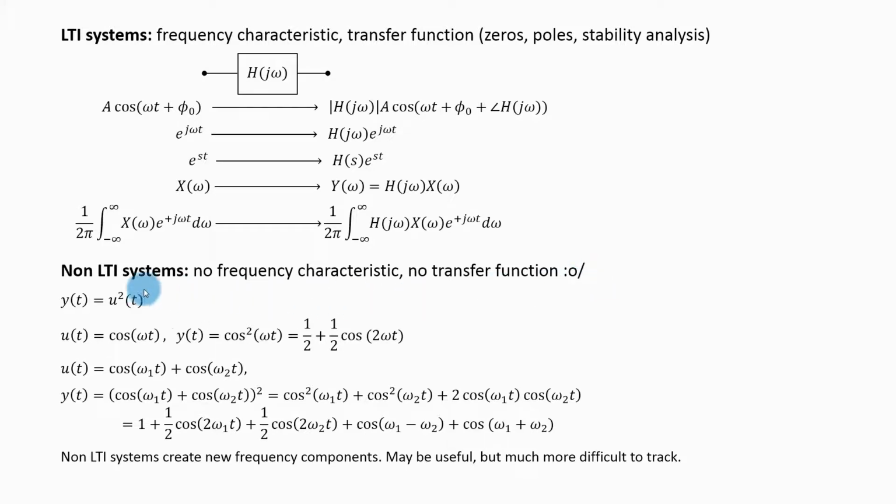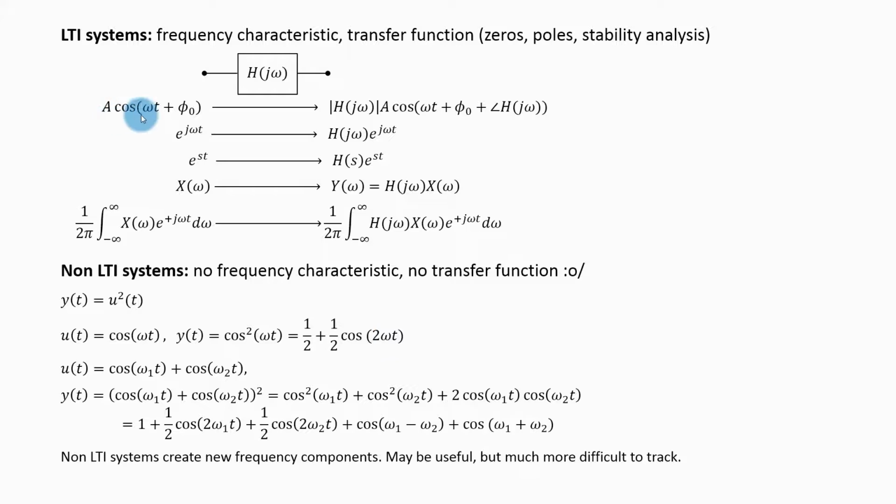Let's see what can happen with nonlinear systems. Here I have a very simple nonlinear system, and let's see what happens when I feed it this input. This will be the output, which using trigonometric identities you can rewrite like this. Here you can note that I have fed the system a cosine at the frequency omega, but the result is a constant and a cosine at a frequency 2 times omega.